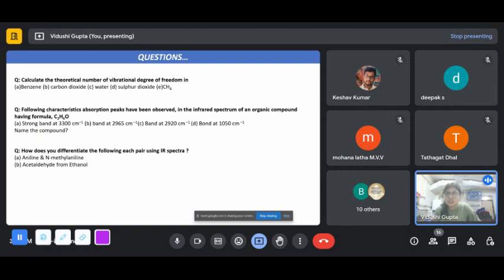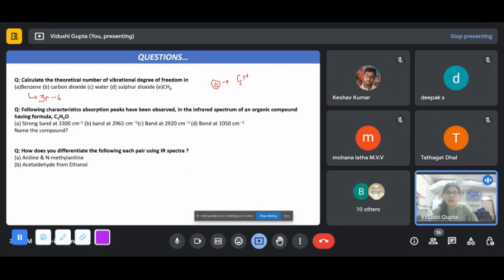Now you have to calculate the theoretical number of vibrational degrees of freedom in benzene. How will you calculate? I've already discussed 3n minus 6. As you know, benzene is a non-linear molecule. It's not a linear molecule. Benzene is C6H6, so it will be a non-linear molecule.